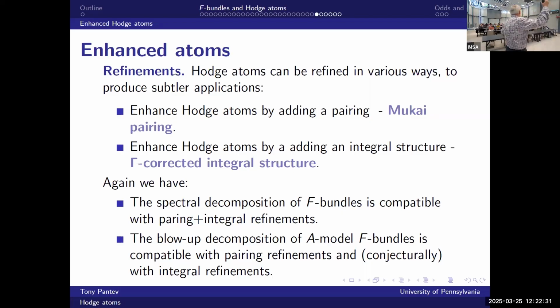Actually, there is a third way which I didn't mention because it's not going to come in this particular set of applications, but Ludwig mentioned it and he had applications about it. We can add a duality. Any one of these 3 enhancements will give you something slightly better than the usual functor.